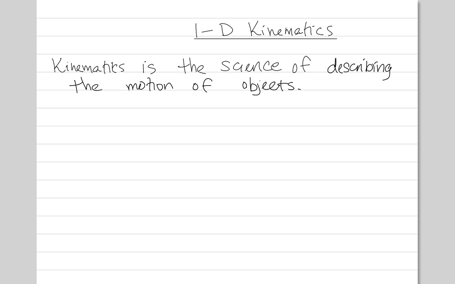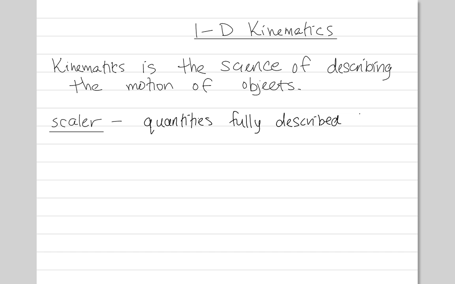Okay? So the first thing that you would ever really learn in a physics class is the difference between scalar and vector. Okay? So scalar, underline it. Scalars are quantities fully described by magnitude.